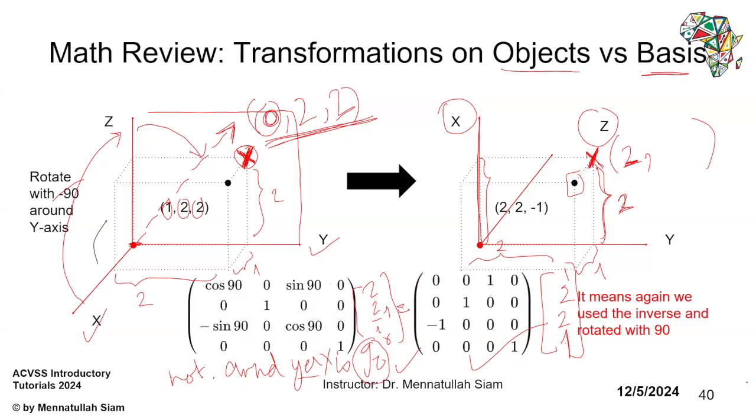Oh, okay. And I see some people. Okay. Sorry, Grace. I just saw. So you're saying 2, 2. So it's 2, 2. Yes. So here, X is 2, Y is still 2, and the Z becomes 0 actually. Yes.